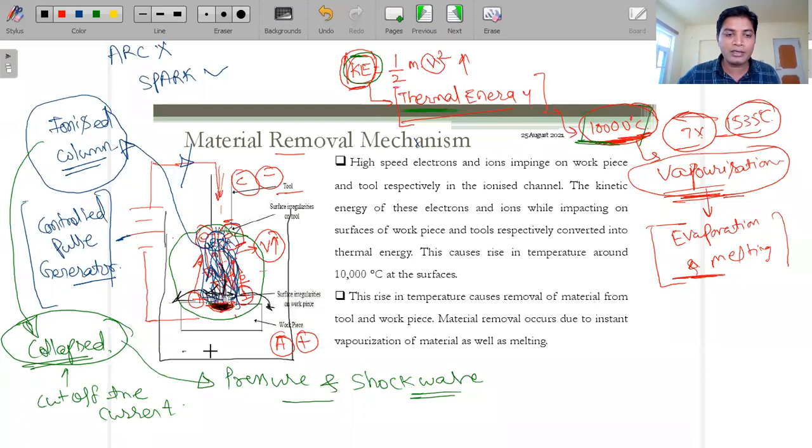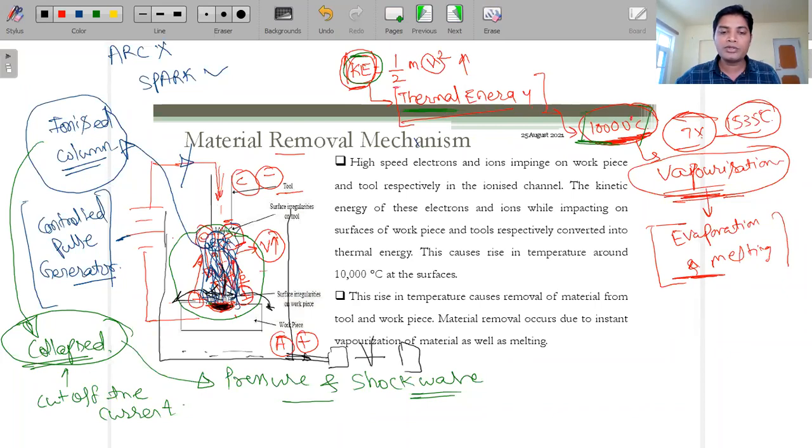This will move and sediment over the workpiece surface, and we have already seen yesterday that we are using hoses through which the removed material and the dielectric fluid, which we can call slurry, are taken out. There is a first reservoir where the slurry is stored, and another reservoir.